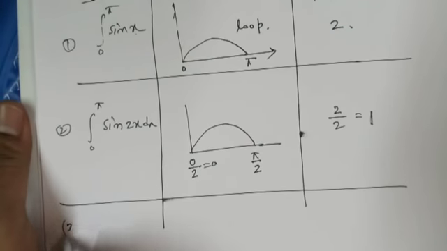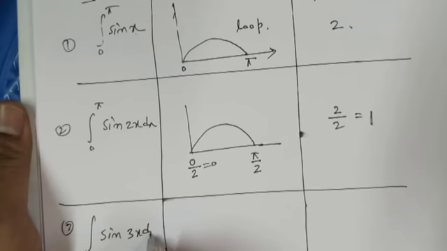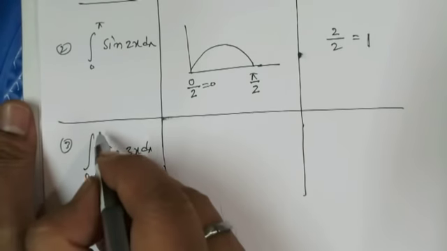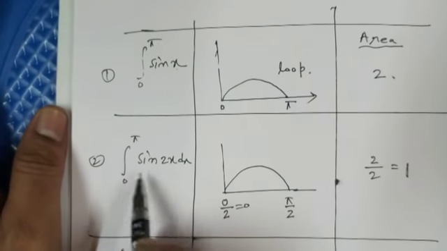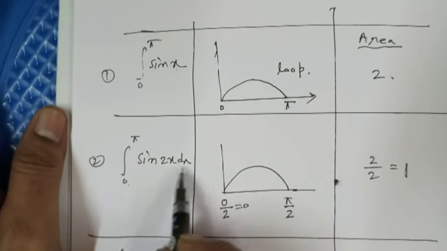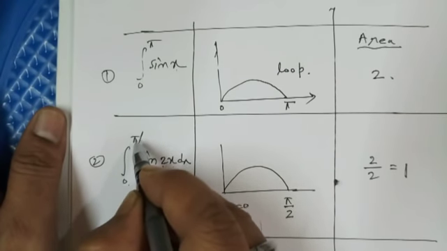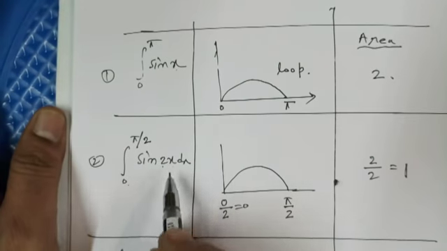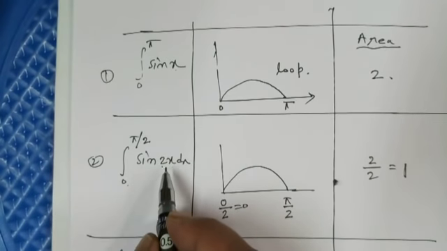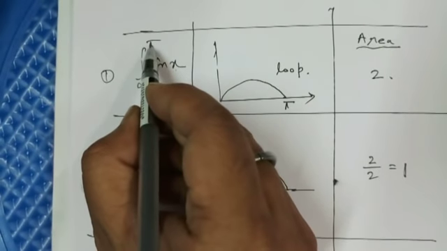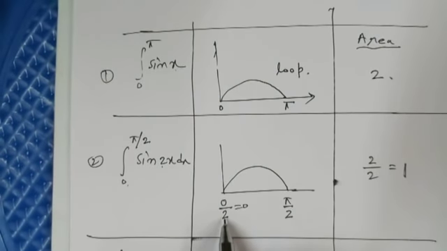In the similar way, integral 0 to pi sin 3x dx. In sin 2x dx, 2 is multiplied in the angle, so the upper limit is pi by 2; 2 is divided here, and 2 is divided here also.